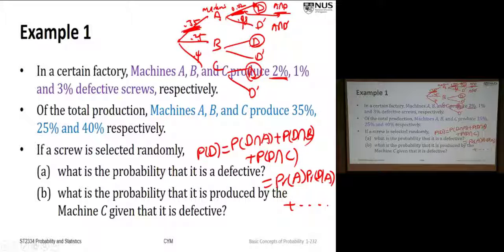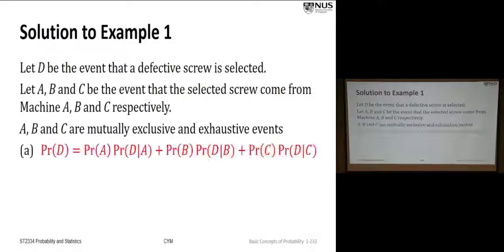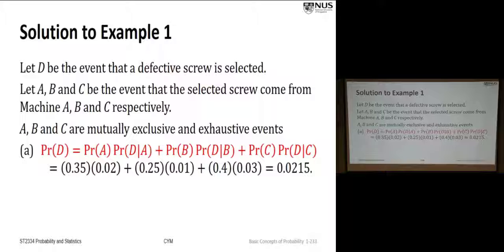So that's how you get the answer. So here it is. The answer is 0.0215. So in other words, the chance of getting a defective screw is only about 2.15%.